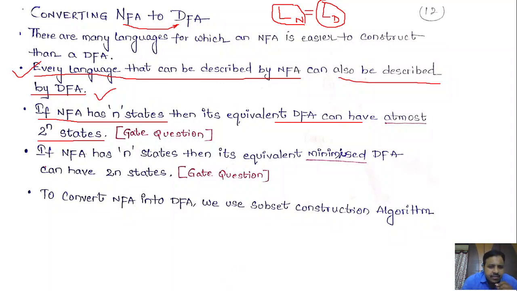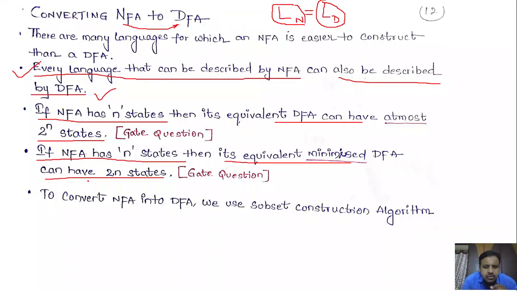And next one, if the NFA has n states, then the equivalent minimized DFA can have 2n states. That means 2 into n states. So once you convert the NFA into the DFA, and if you minimize the DFA, the number of states in the minimized DFA will be 2n. What is minimized DFA? Minimized DFA is nothing but minimizing the size of the DFA with respect to the number of states.